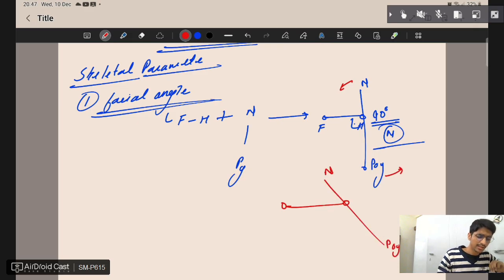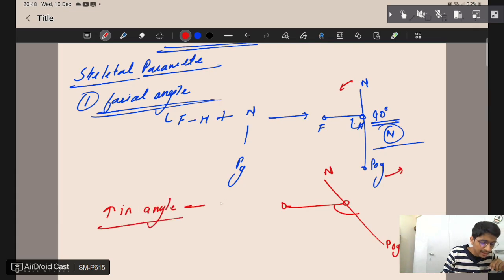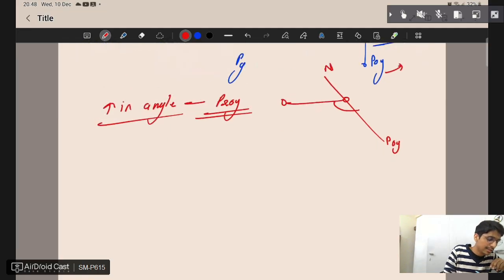See, the value of this angle increases. What is the inference? The increase in angle is telling us prognathism. The jaw is prognathic.